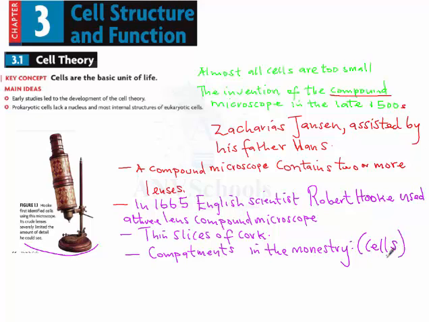So the name cells came from compartments or small rooms. That is basically what it means. What he observed were not living cells, but dead cells.